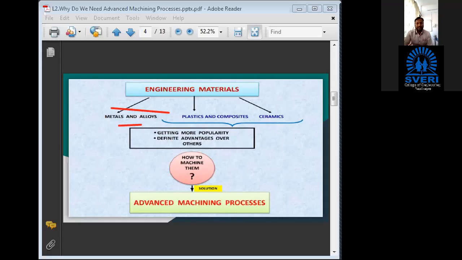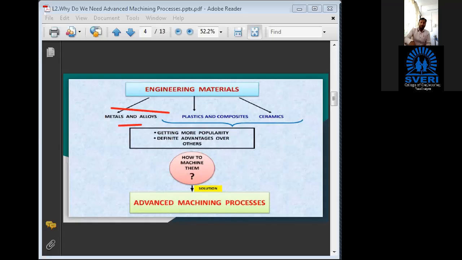So the question is how to machine these new materials, because if we see ceramic, normally we use ceramic tools for cutting metals. We know that simple. Ceramic tools are used for cutting metals and alloys.